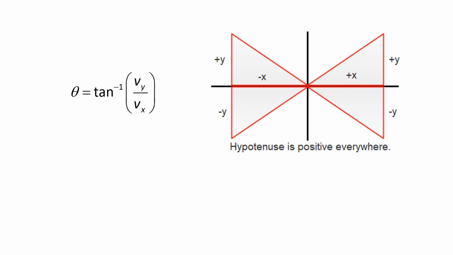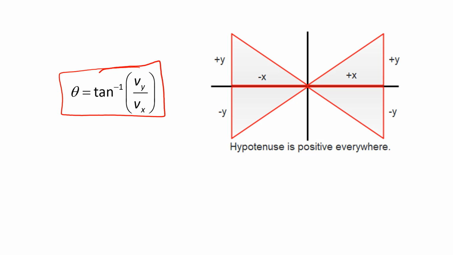All right. So back to this function right here, you have to be aware that the only thing this is ever going to return to you is an angle between 0 and pi over 2, or 0 and 90 degrees, depending on whether you're working in degrees or radians.